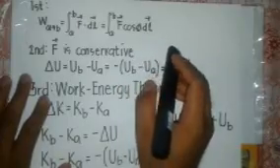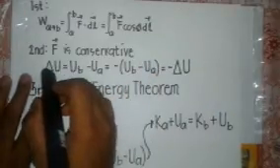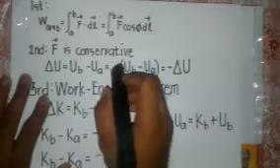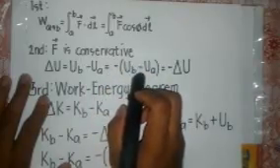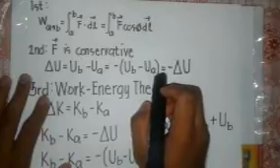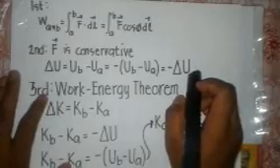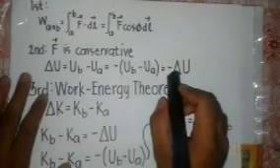When a particle moves from a point where our potential energy is U at point A to a point where our potential energy is U at point B, the change in potential energy is equal to the potential energy at point B minus the potential energy at point A. And the work done is equal to the negative of that change in potential energy, if our force is conservative.